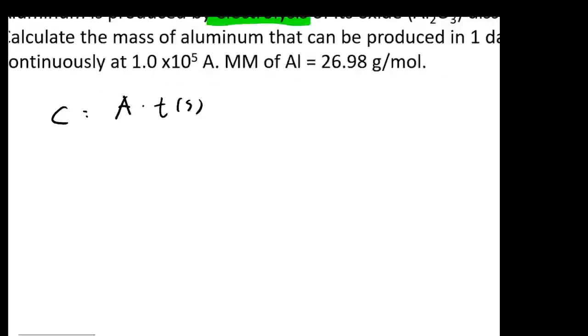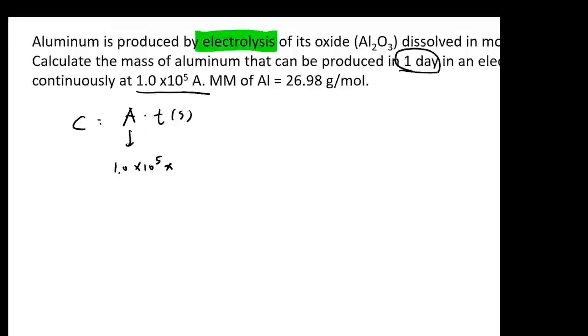Every time you see electrolysis, the first thing you want to calculate is the number of electrons produced. The way you calculate the charge you can provide is amps times seconds. The current here is 1.0 times 10 to the 5th amps. Then it says you want to operate this electrolysis process for how long, so you're looking for the information about time.